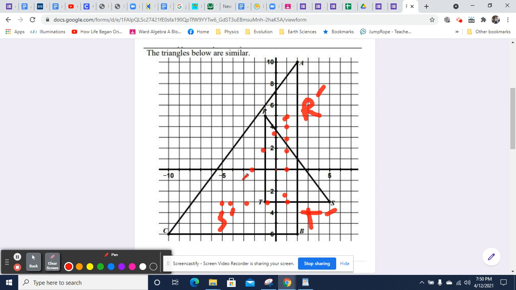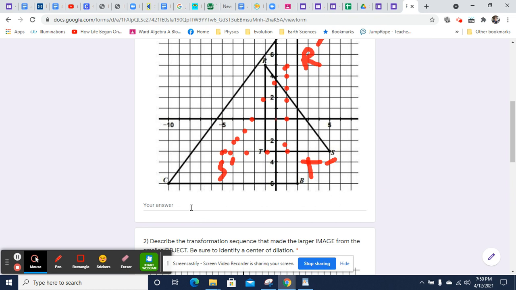It could have been done in the other order. That's fine. So this is one way to describe it. One way to describe it is that we have, one, reflected RTS over the y-axis. Okay?